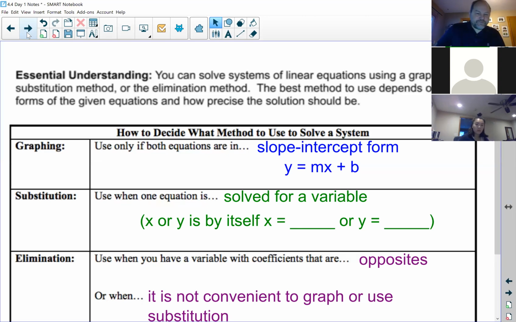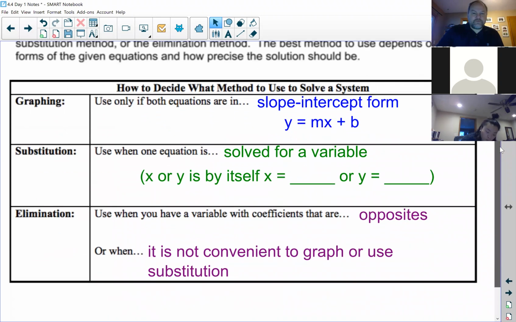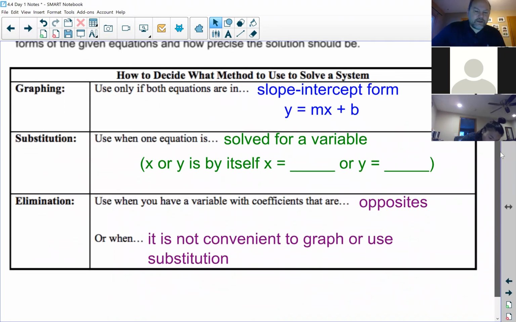For substitution, use it when one equation is solved for a variable, so it's in the x equals or y equals form. For elimination, it's best when you have a variable with coefficients that are opposites, so you just add the equations together and it eliminates one variable.